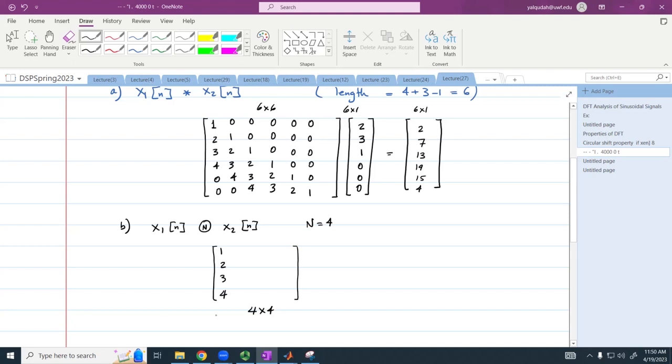However, now when we push down, it brings the last element up to the top. So it's going to be 4, 1, 2, 3. Push again: 3, 4, 1, 2. Push again: 2, 3, 4, and 1. Then we multiply it by 2, 3, 1, and 0, and this gives me 17, 11, 13, and 19.